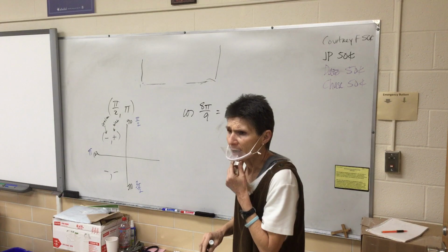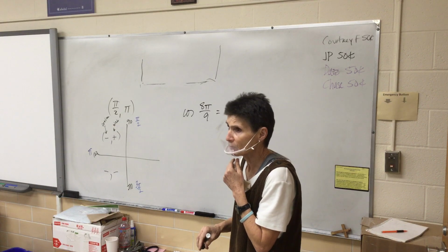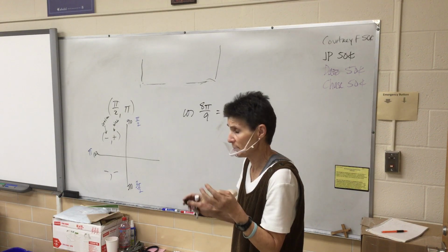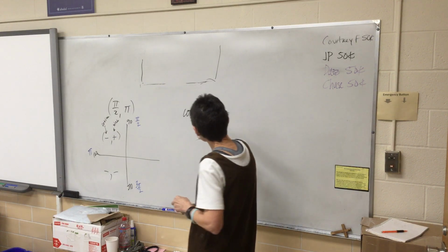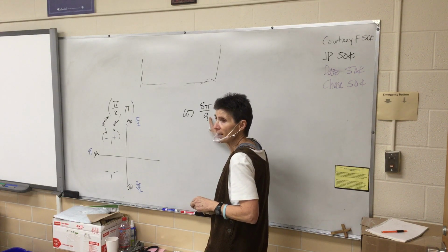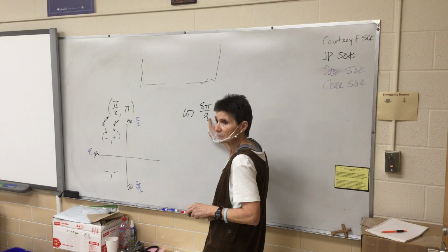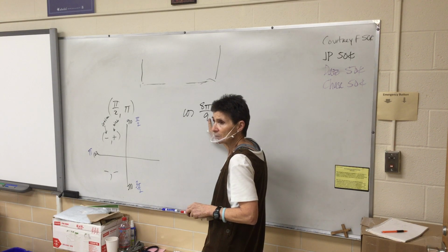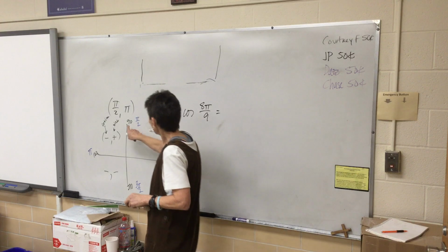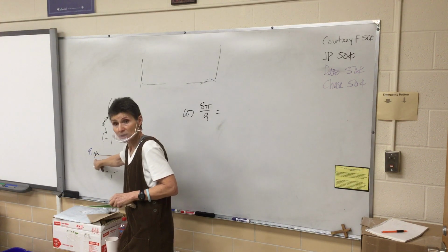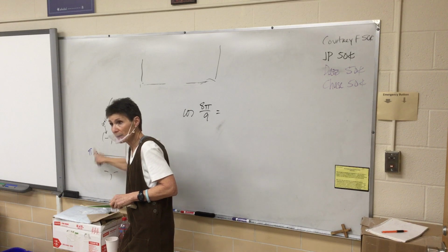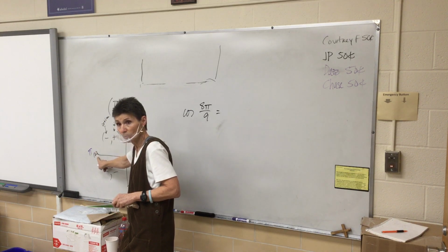What do you have to figure out? Where's 8 pi over 9, right? Because that's what it depends on, which quadrant am I in. Let's think about that. That's 8/9 pi. That's more than a half, but less than a whole. Pi, I'm talking about, more than a half pi, less than a whole pi.